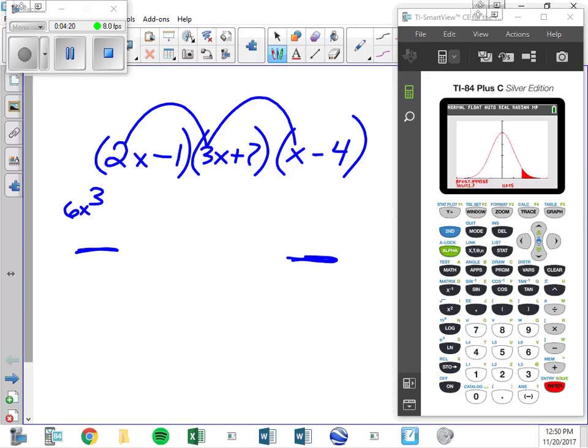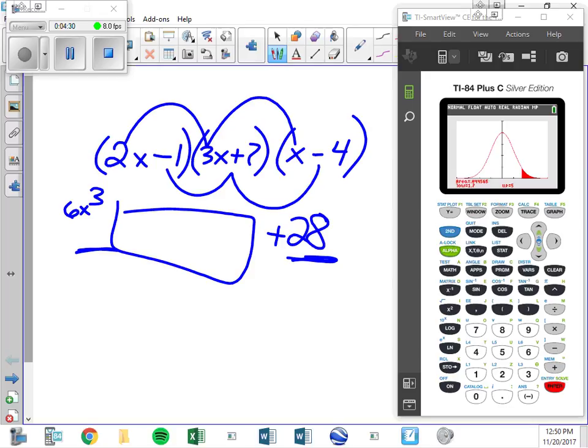And what about the last term? This times this times this is plus 28. And then all of this stuff gets mixed in when we start blending everything together, and that's a lot harder to find out. But the first one is really easy, and the last one is really easy. Does everybody understand that? Okay.